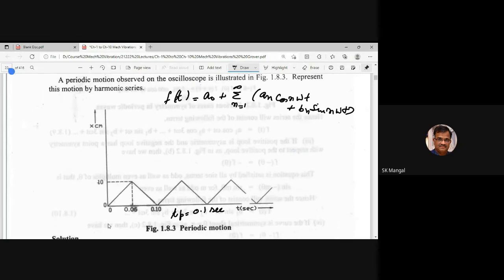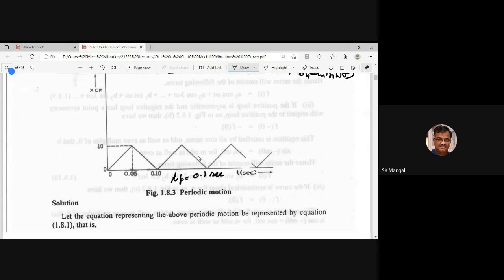You need to find the value of a naught, a n, b n, and you need to derive the equation f(t) here for this periodic motion.